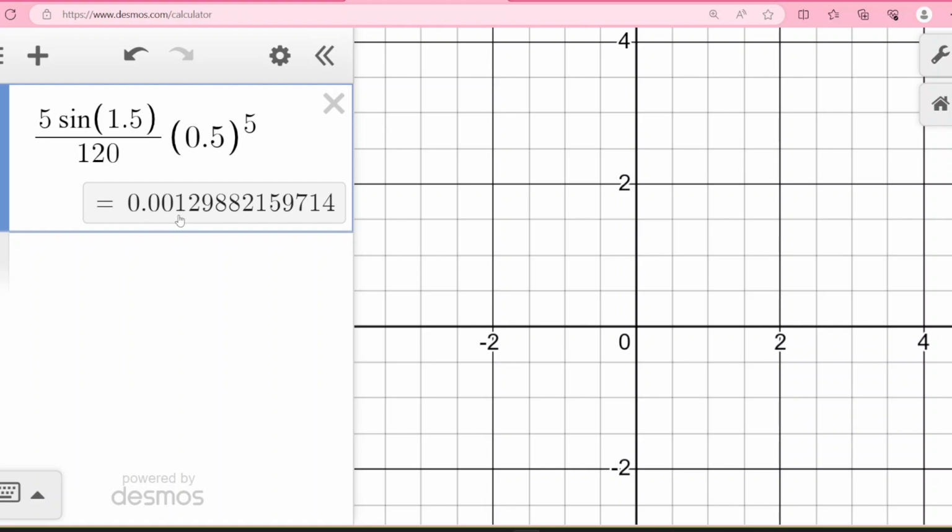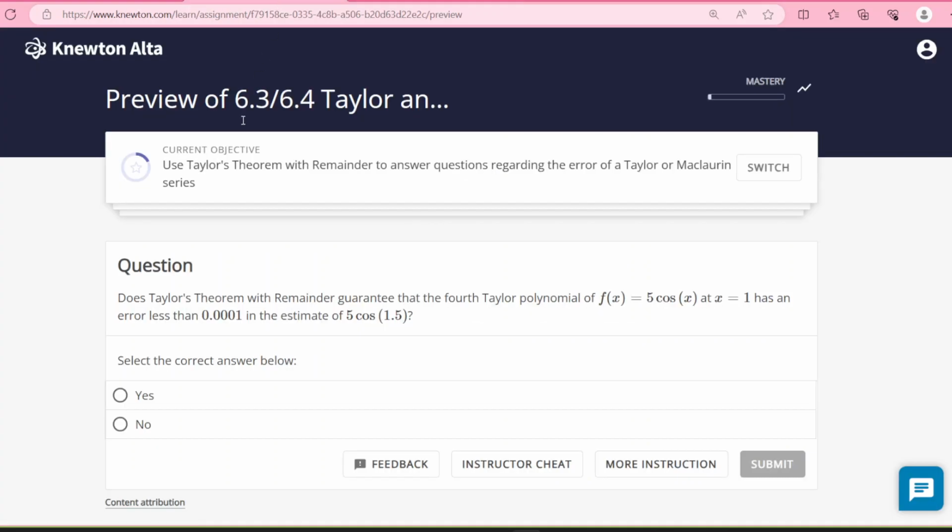It's not even less than 1/1,000th. So the answer is no. When we use the fourth degree Taylor polynomial centered at 1, that polynomial does not estimate this value within 1/10,000th. Now we can see what it actually does.